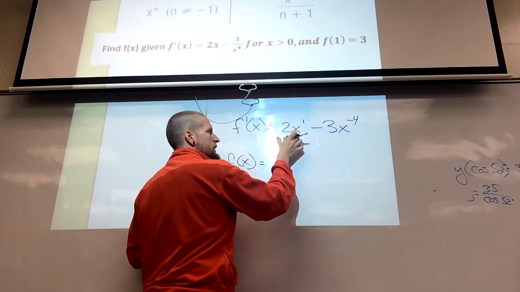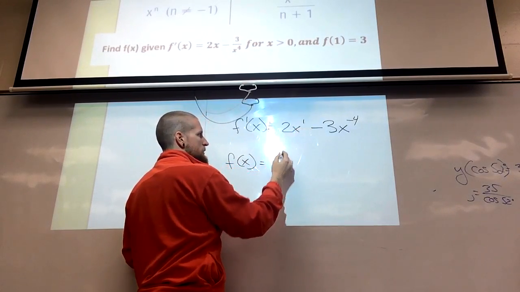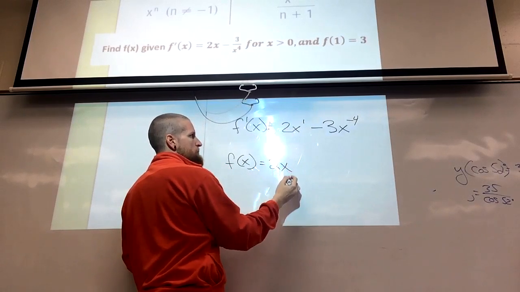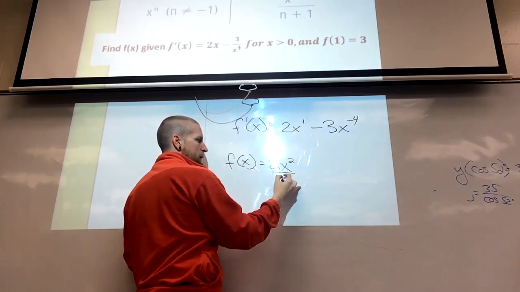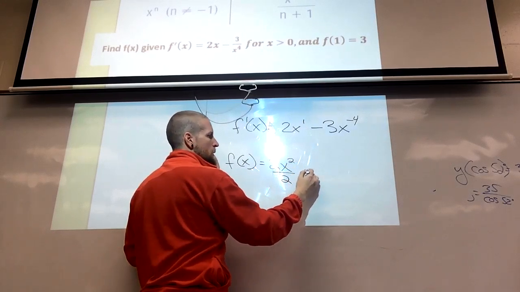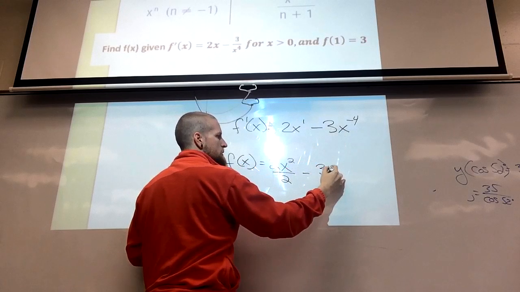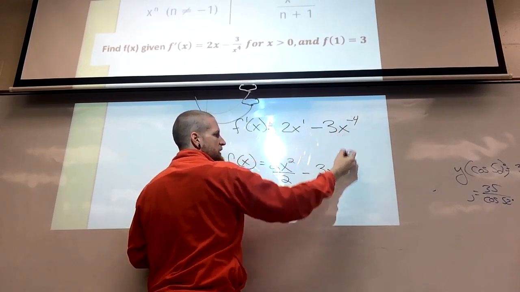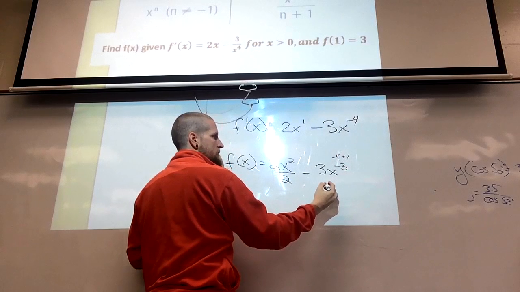So if you want to keep this in the same notation we just had, this would be like the f of x, and I'm trying to find the capital F of x. Okay? So the original function from the derivative is what you're working towards. So for this one here, again, it's add 1 to the power, right? The 2 is a constant, so the 2 kind of just hangs along. Add 1 to the power, and then that power now goes in the bottom. The 3, again, is a constant, so it goes along. Here I got -4 plus 1, which is -3, correct?